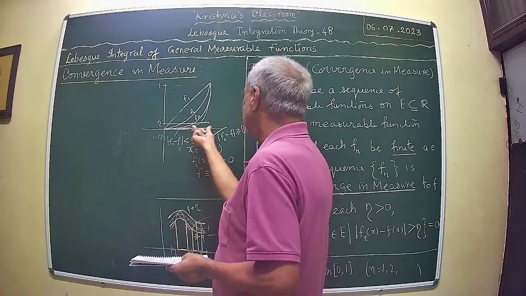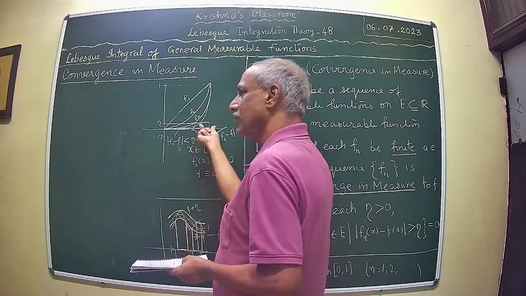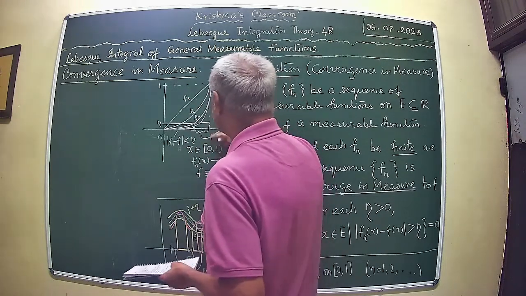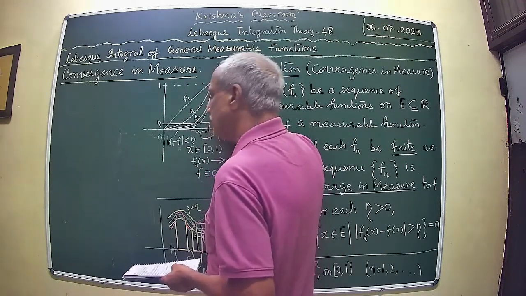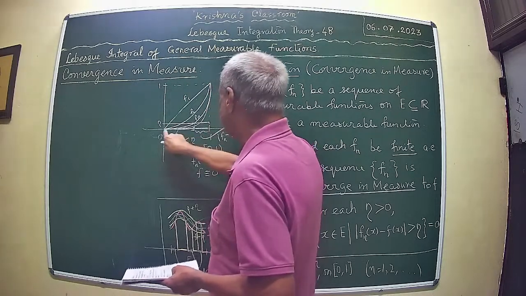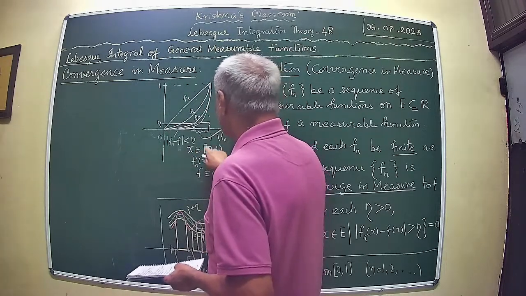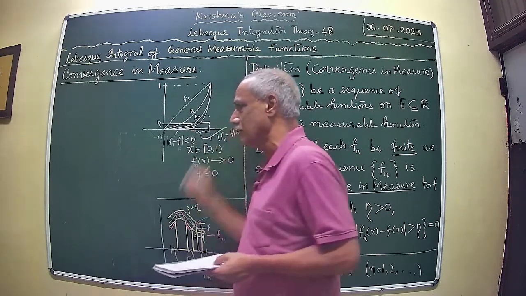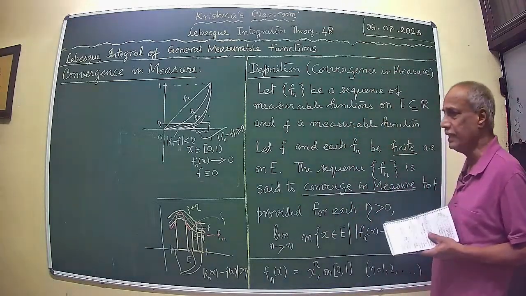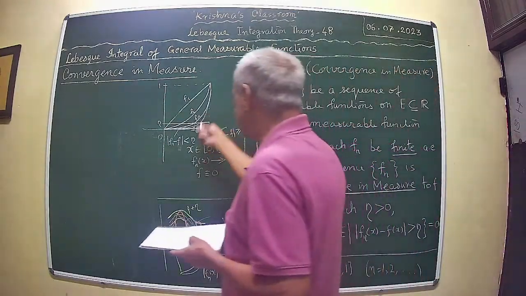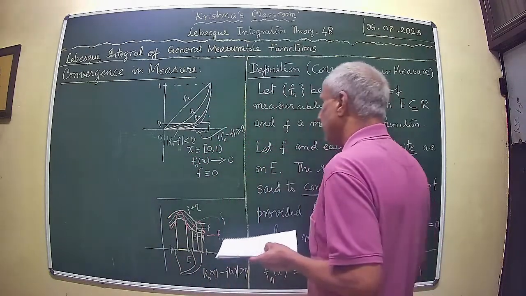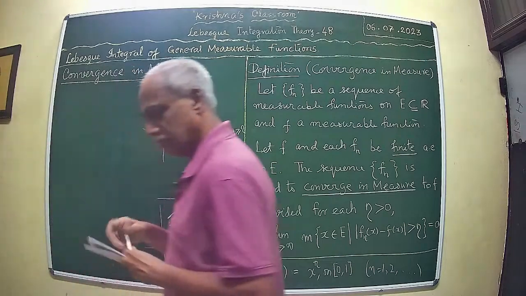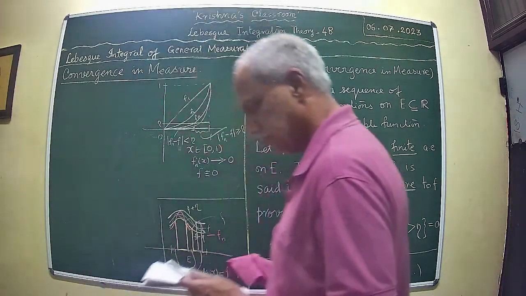Now you see that at 1, all these functions take the value 1. Therefore, the function converges to 0 on the interval 0 to 1, and at 1 it converges to 1. But if you apply this definition, it converges in measure to 0. So that's an example.